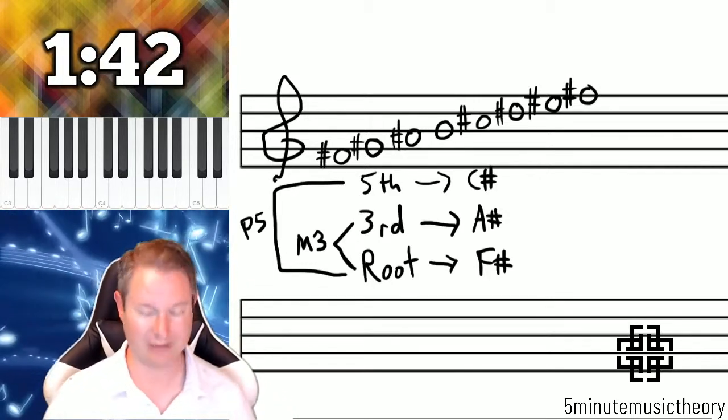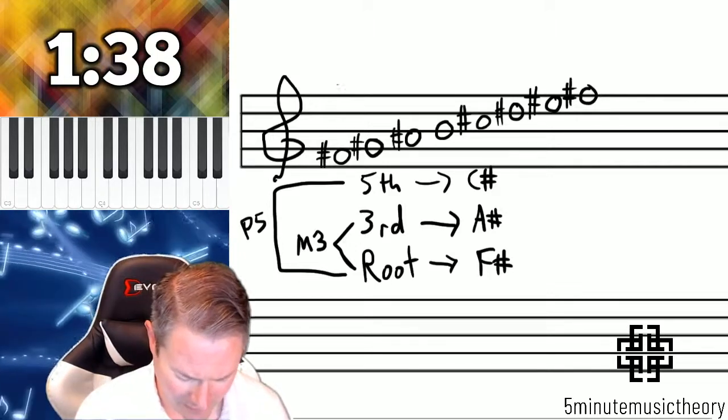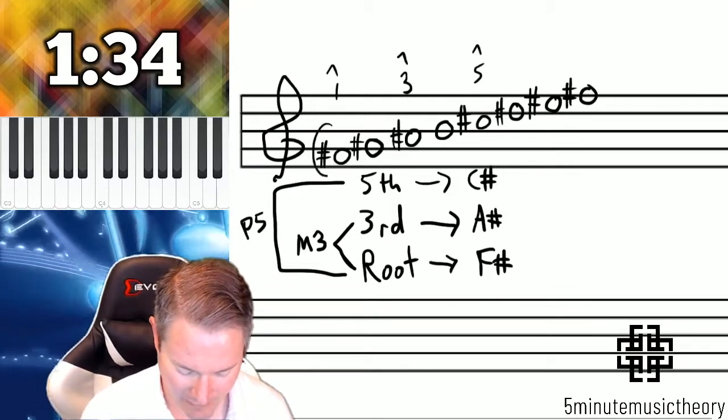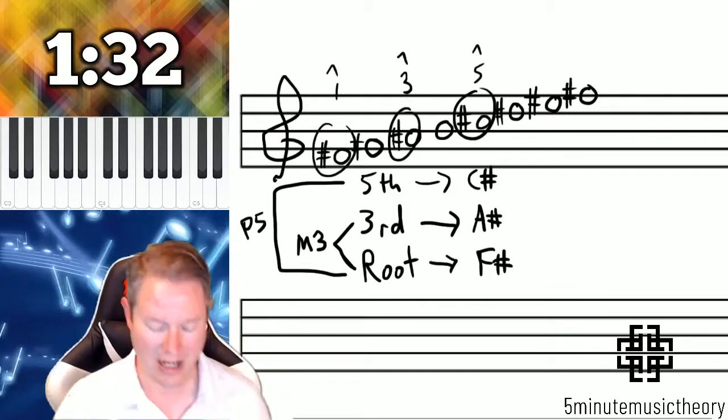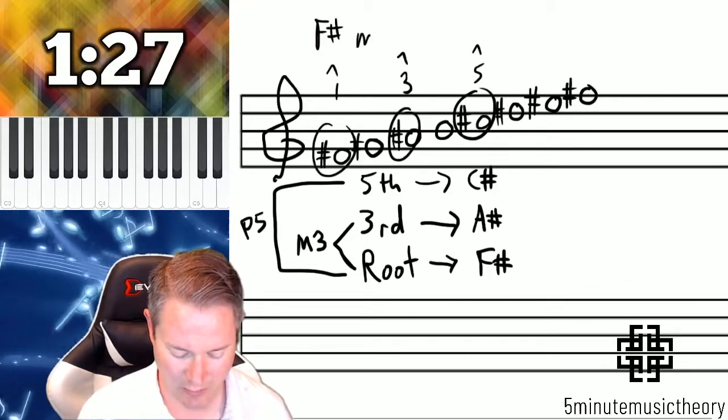A lot of sharps, everything except for B pretty much. So if we look at the first scale degree, the third scale degree, and the fifth scale degree, here, here, and here, that should spell a major triad. That's going to be an F sharp major triad.